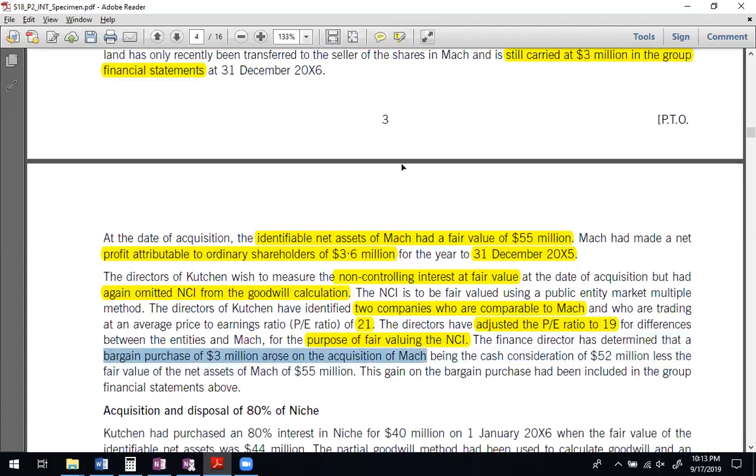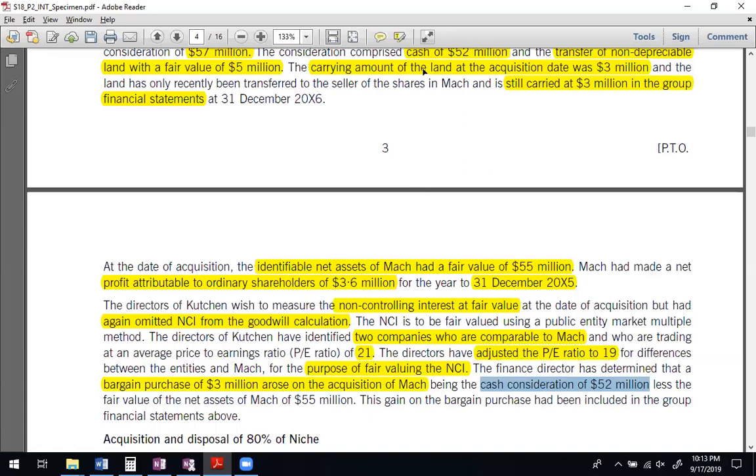So again, they have calculated a negative goodwill, which means they would have taken it to the P&L, being the cash consideration of 52 million, which again means that they have ignored the land of 5 million, less the fair value of the net assets of 55 million. The bargain purchase has been included in the group financial statements above.